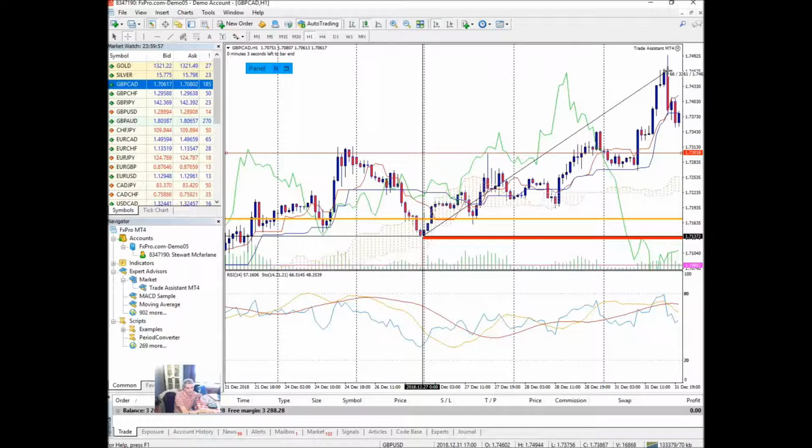That's like a 326 pip move in 2.5 days. That's not bad at all.